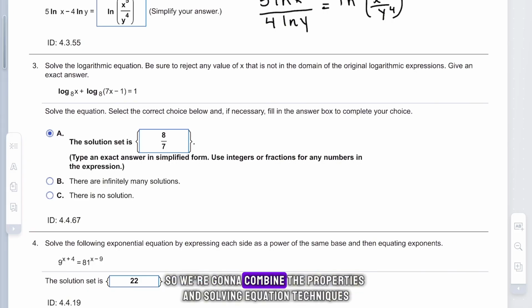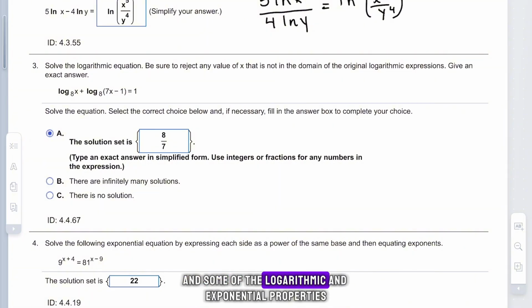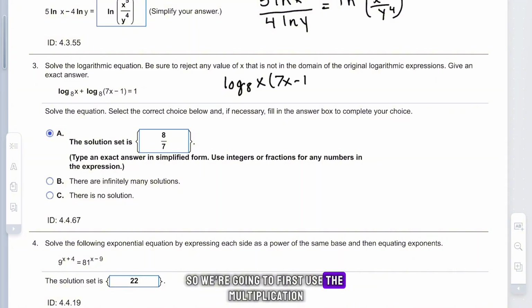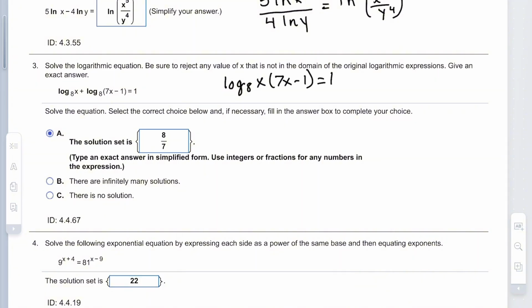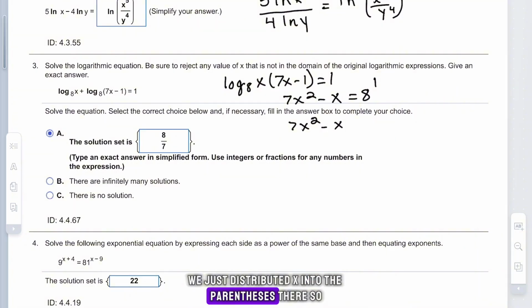So we're going to combine the properties and solving equation techniques and some of the logarithmic and exponential properties. So we're going to first use the multiplication property, and then to get rid of the logarithm, we're going to take the base and take it to the 1st power, and we just distributed x into the parentheses there.